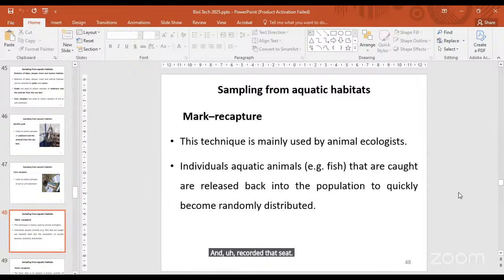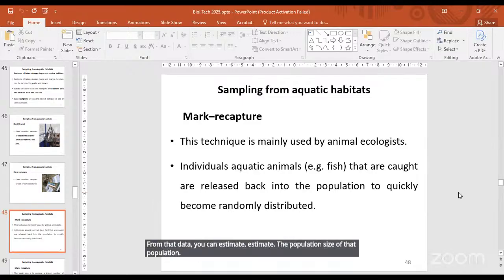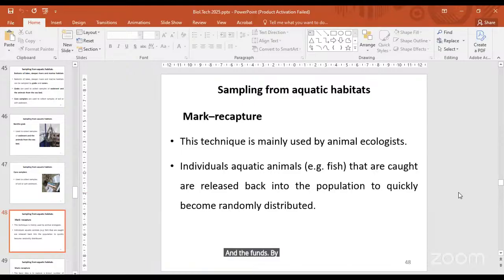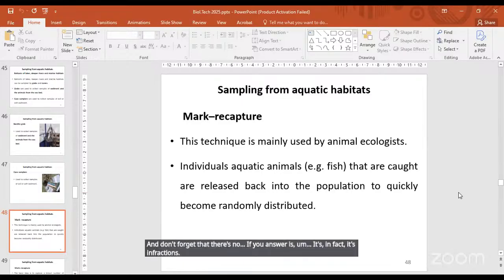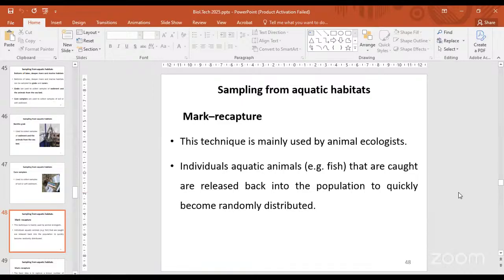So from that data, you can estimate the population size of that population in the pond by the formula A times B all over C. And if your answer is in fractions, don't forget that animals don't exist in fractions.